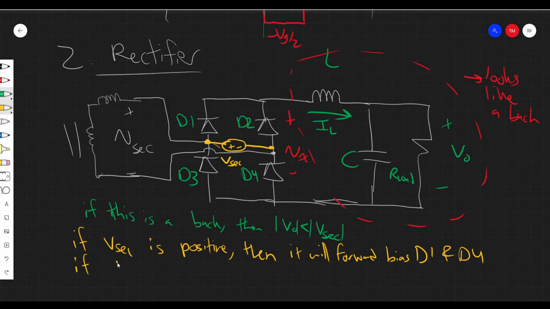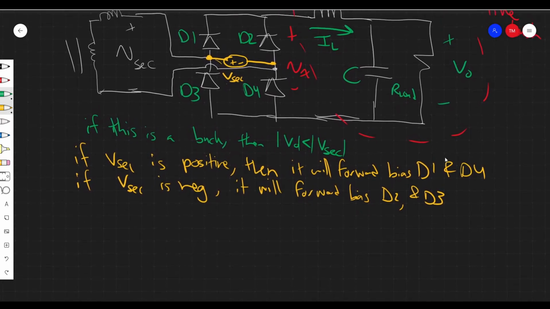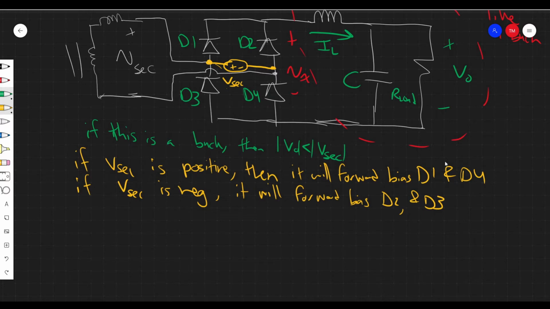Conversely, if Vsec is negative, it will forward bias D2 and D3, right? Meaning that Vx is going to look as follows, right?